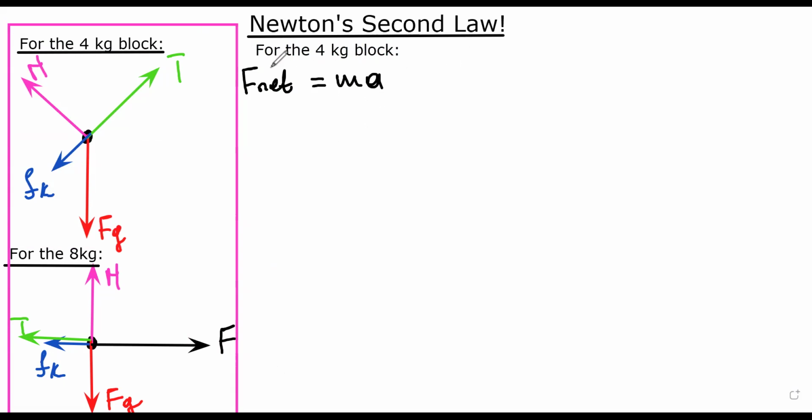But now the question is, which forces are acting on the 4 kg block? Well, here we only consider the forces that are parallel to the direction of motion. In other words, for the 4 kg block, we only look at the forces that are parallel to the inclined plane. We don't consider the normal force.